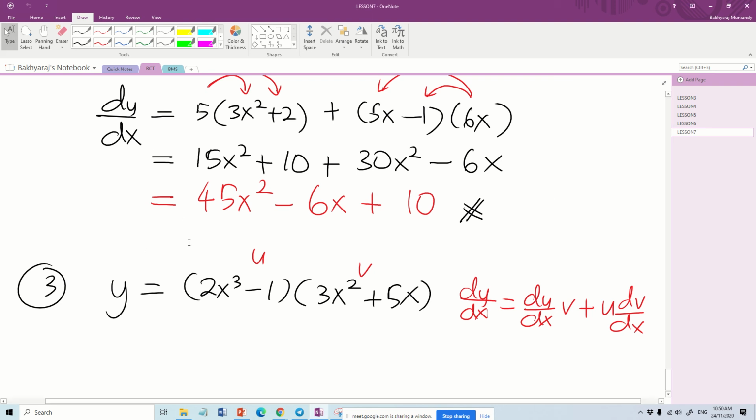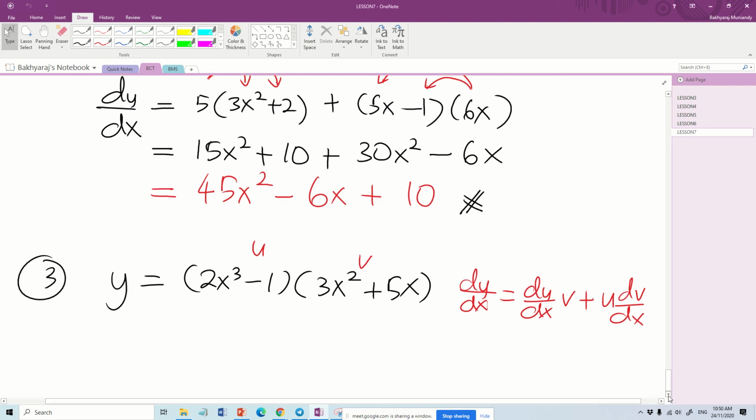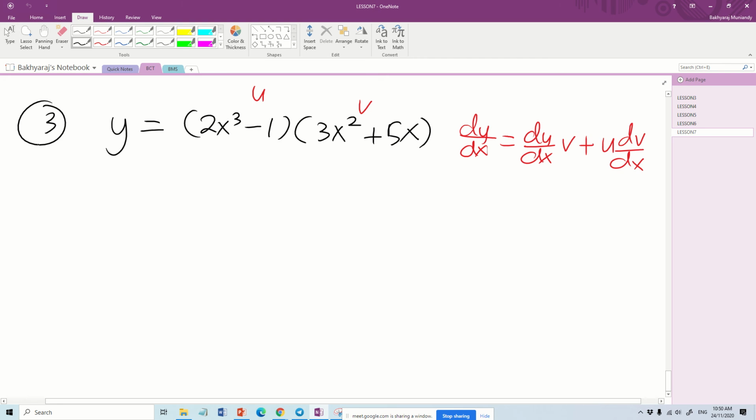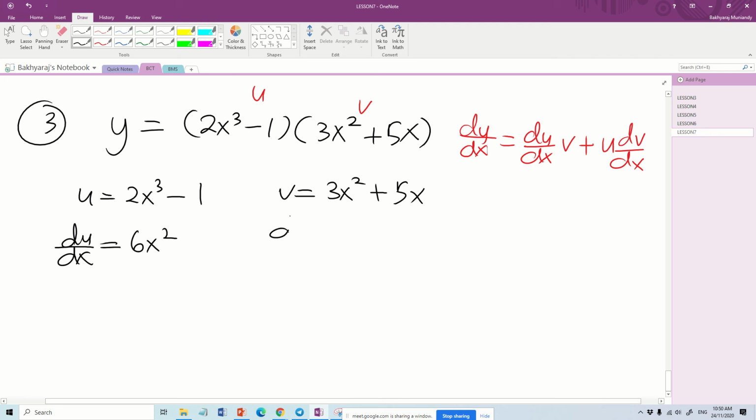Okay, so u will be equal 2x power of 3 minus 1, v will be equal 3x squared plus 5x, and then I go for du dx. So du dx will be equal, apa jawapan dia? Anyone? Jawapan dia ialah 6x power of 2, correct. And dv dx ialah sama dengan 6x plus 5. Correct.